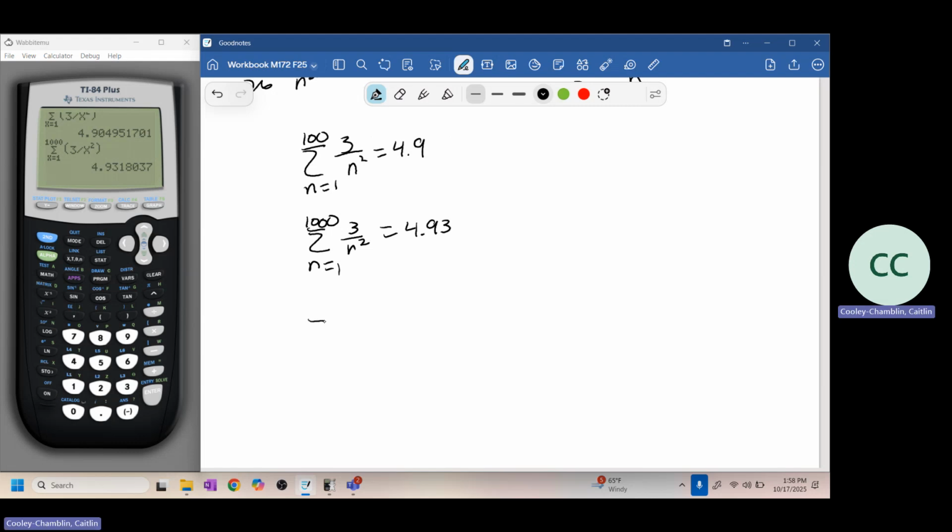Then, let's look at the summation of n equaling 1. Let's do 10,000. And that's going to freeze our calculator enough. So this is going to be the last one I'm going to do. So 10,000.